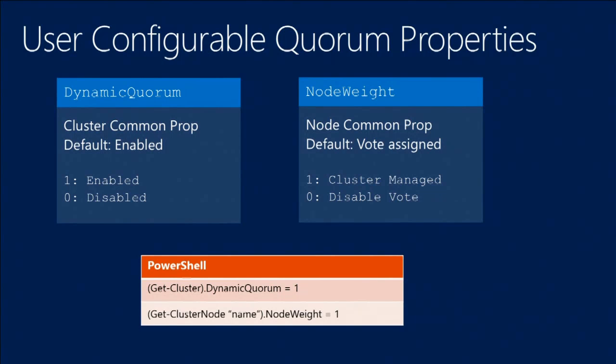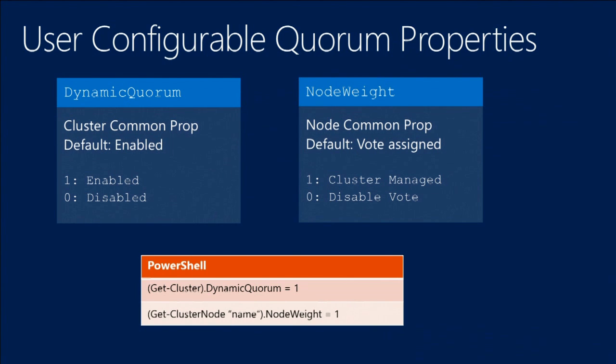So let's look at some of the cluster properties, or the quorum properties. In terms of user configurable properties, there are really only 2 properties. The first is whether or not you want dynamic quorum. Dynamic quorum is enabled by default, and if you really want to, you may opt out by setting the value to 0. The second is node vote weight.